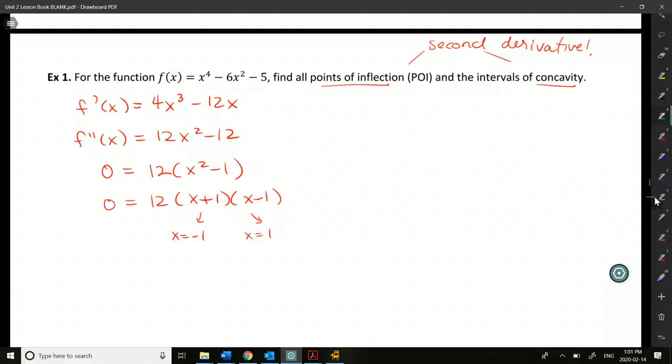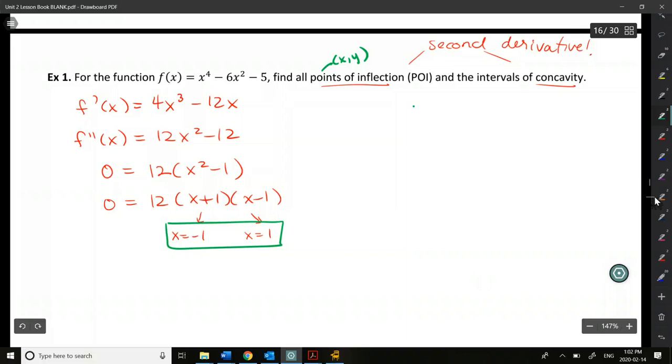And when we find these x values, I'm just going to wait until everyone's ready here. Okay, when we find these x values, if we want points of inflection, we're thinking xy coordinates. So I'm just going to take these x values and plug them into f(x). We'll just calculate quickly here.